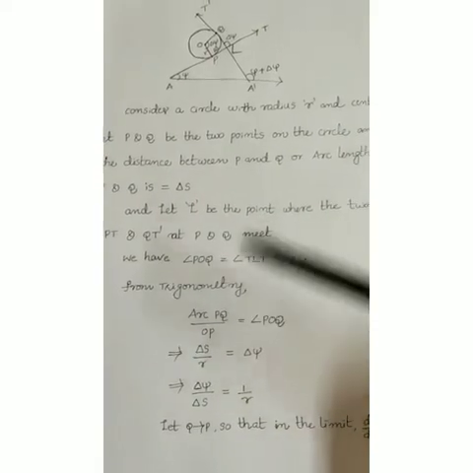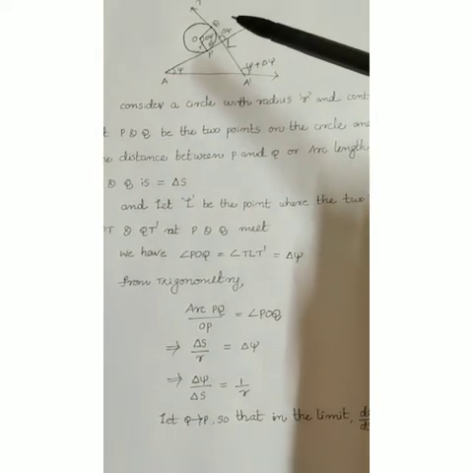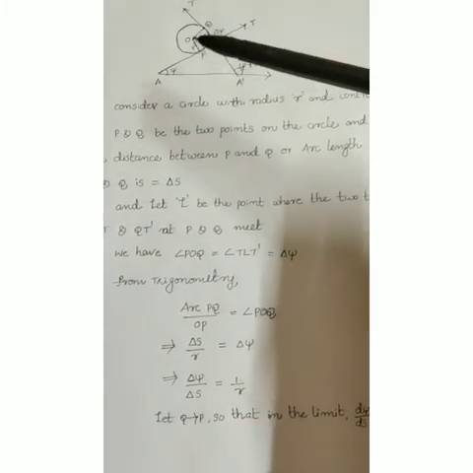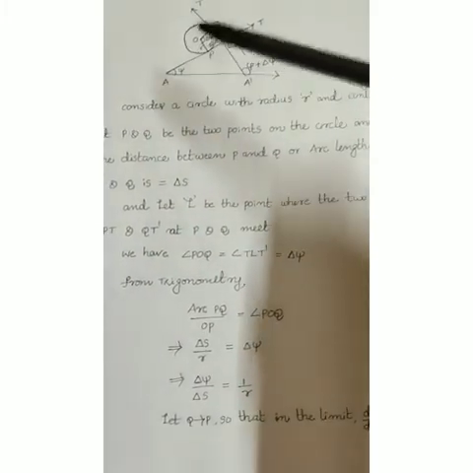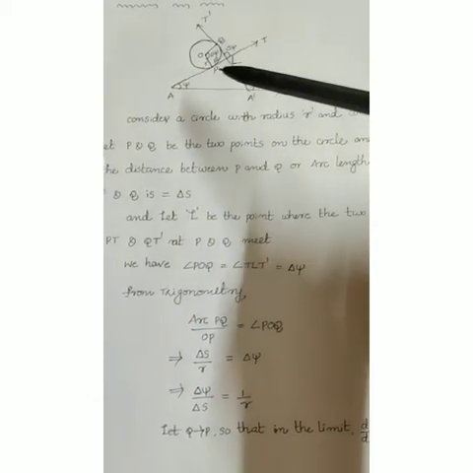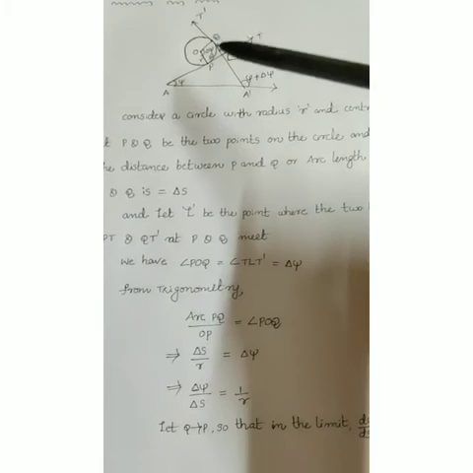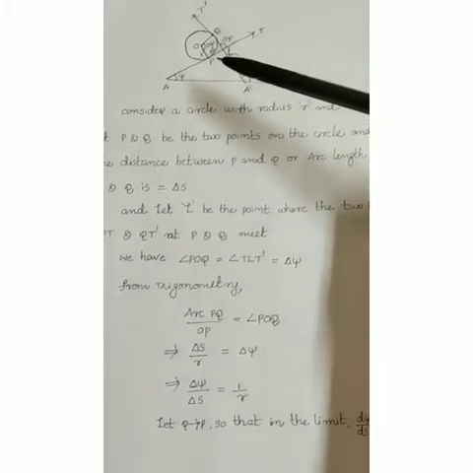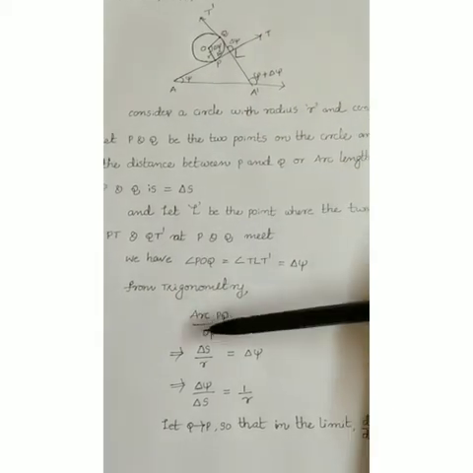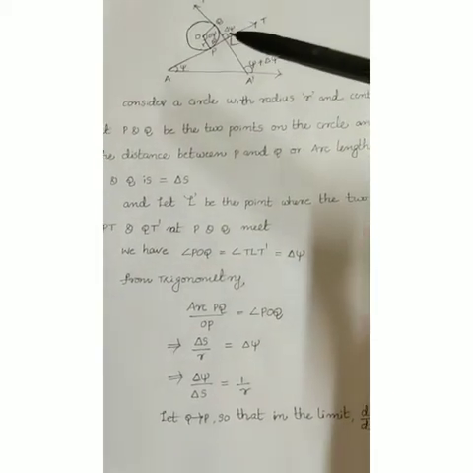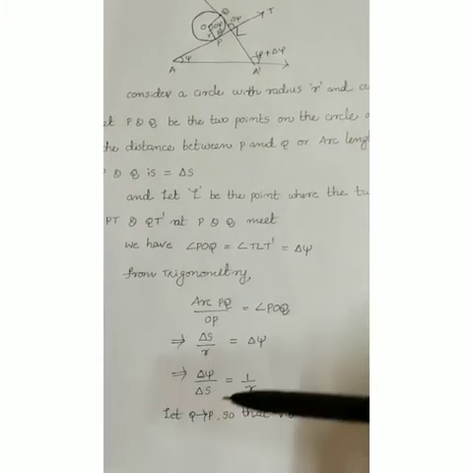From trigonometry, we have arc PQ by OP equal to angle POQ. Arc PQ is the distance between the 2 points, that is delta S, and OP is the radius of the circle, that is R. Angle POQ is delta psi.